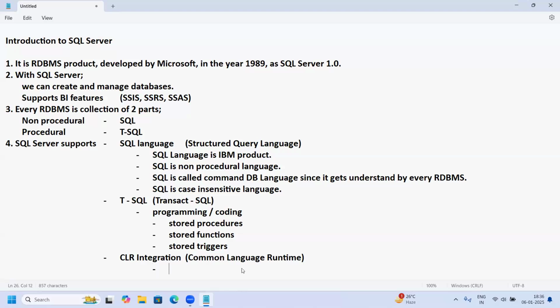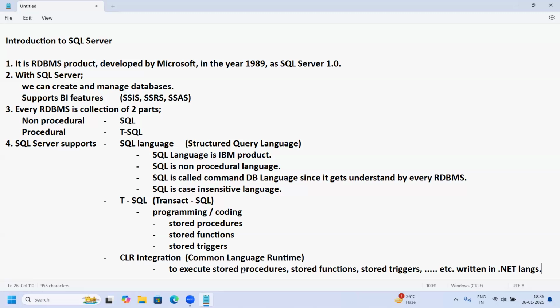To execute stored procedures, stored functions, stored triggers, etc. written in .NET languages. Oh, this is something you can understand now. It is related to .NET. CLR integration, common language runtime, is the connection with .NET.